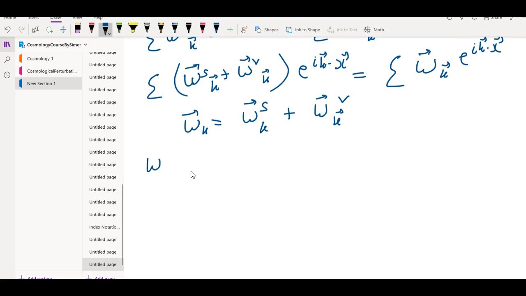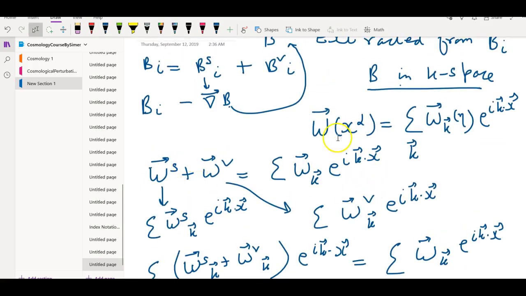Now, what is W scalar? W scalar is equal to minus gradient of W. W is the potential, the scalar potential, which we extracted from the original W. So remember, the original W is this.